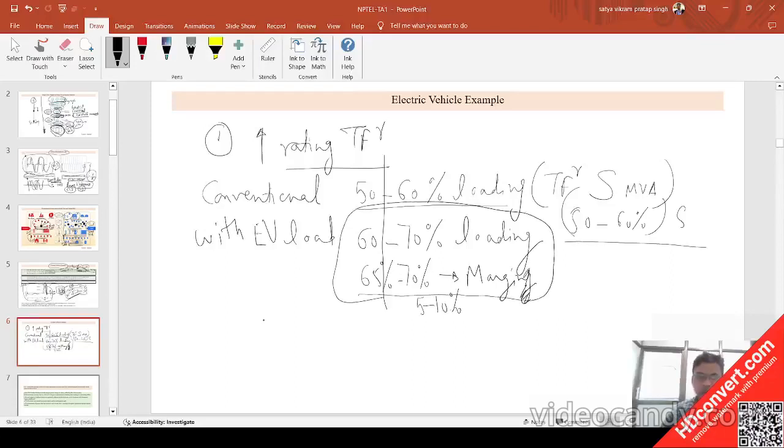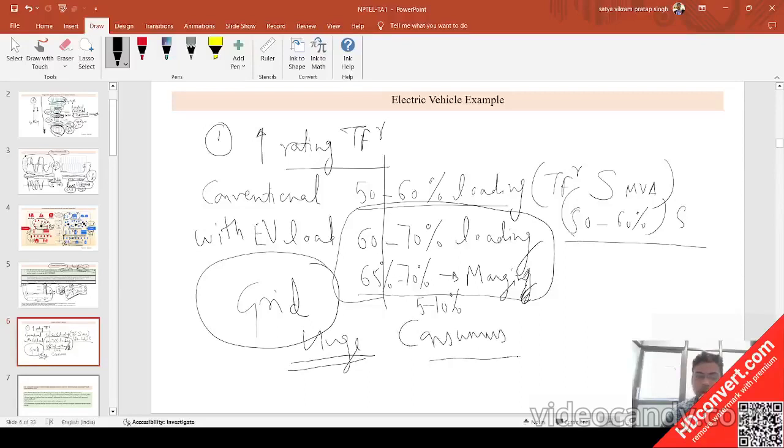Our conventional grid is very huge. There are multiple transformers at very different remote locations for the end consumers, so you need to upgrade these transformers at a very large scale. Suppose there are 16 transformers in a particular city, so you have to improve all 16 transformers.